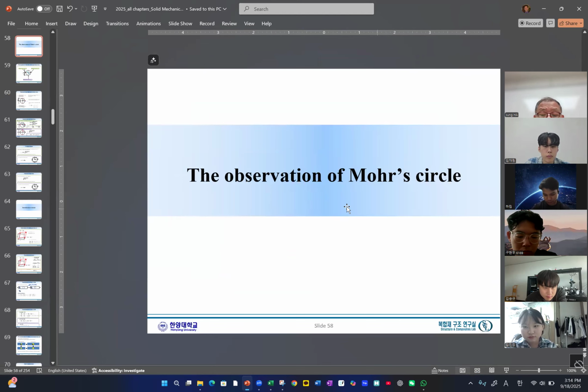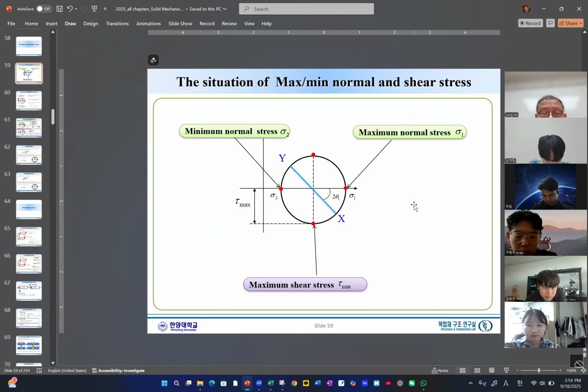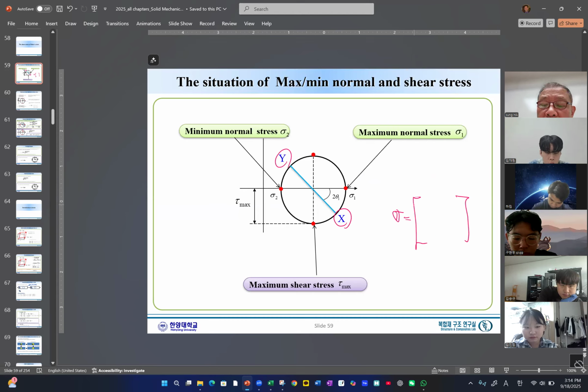You can see there is an observation of Mohr's circle. Actually, we already explained this observation of a Mohr circle. We know how to pick this. So simply, sigma is given like this: sigma xx, sigma xy, sigma yx, and sigma yy.